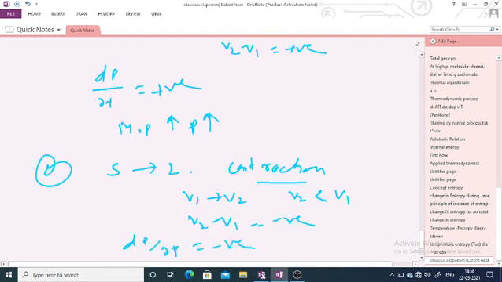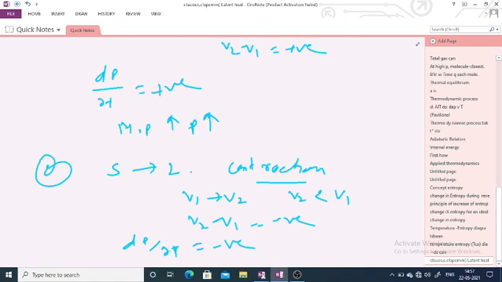If dP/dT is negative, then we say the change in pressure with respect to temperature is negative.